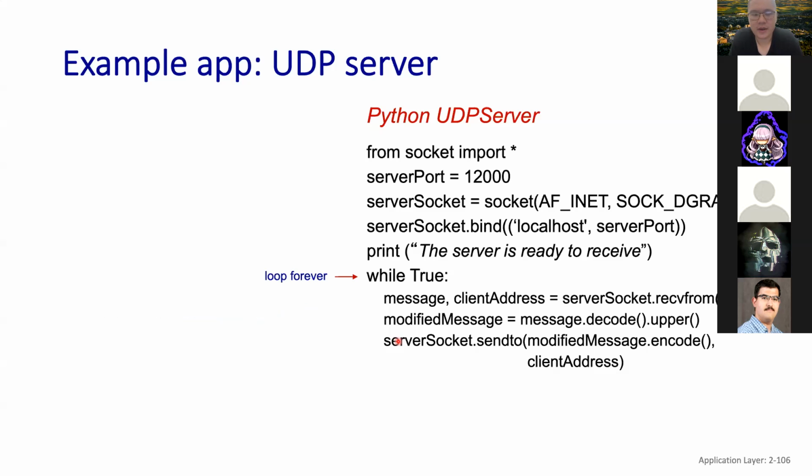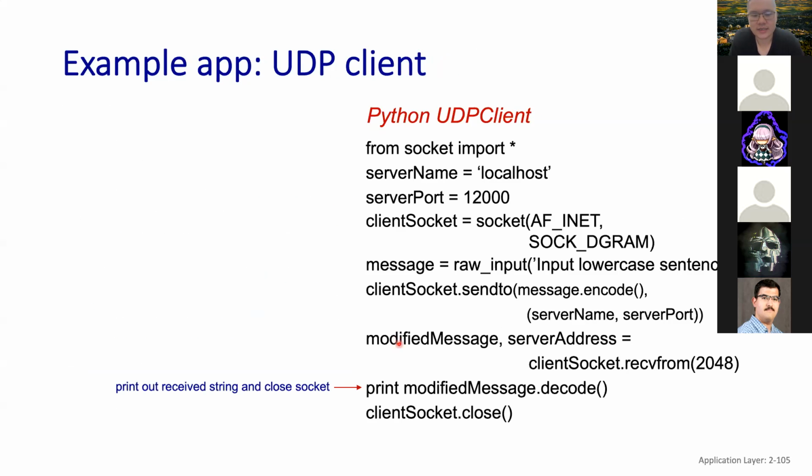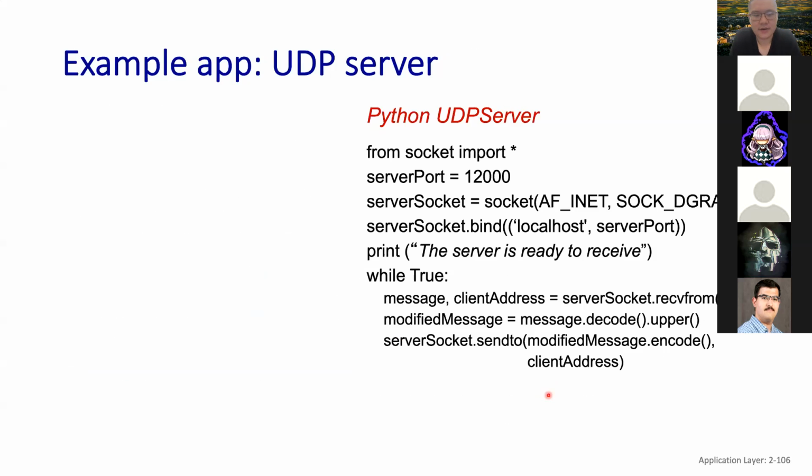And if you compare with the client side algorithm and the code, you can see that after you receive the message, you decode, right? You send some original data, encoded, and receive some data, and then decoding, you print, right? That's the server and client code.